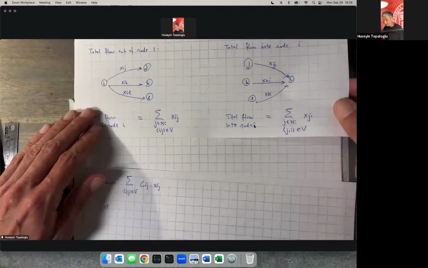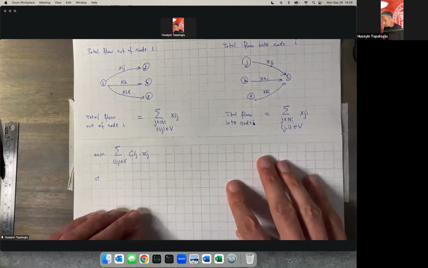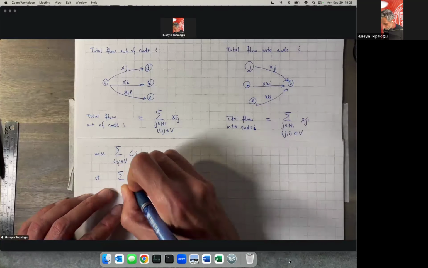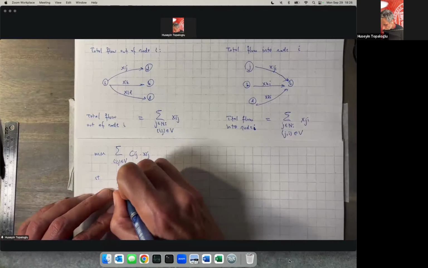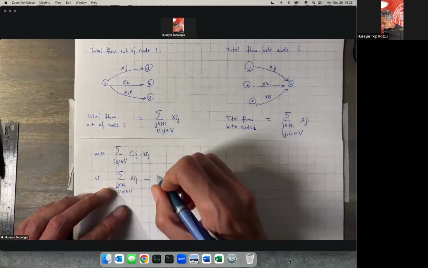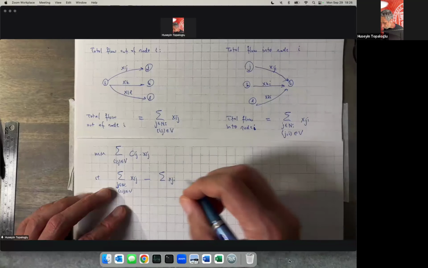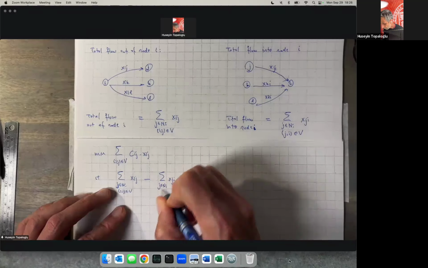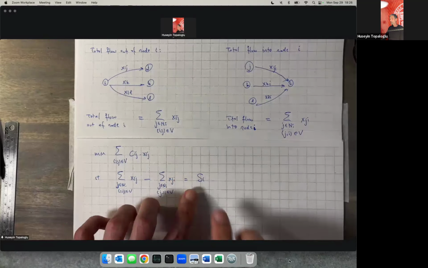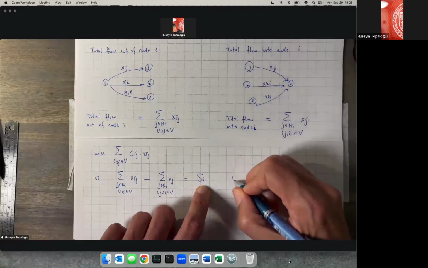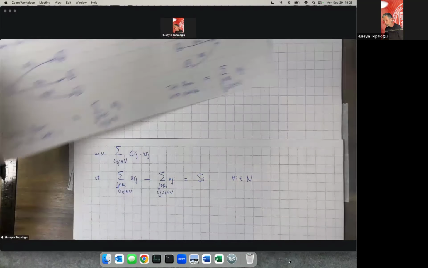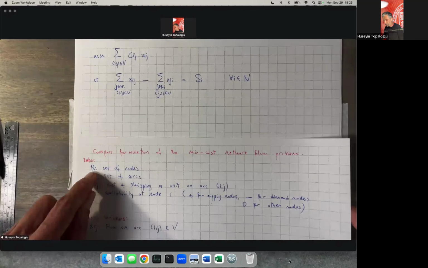Here's the total flow out of node i, minus the total flow into node i, xji, such that ji is an arc, is equal to the availability at node i, and that's our notation for availability at node i. And we have one of these flow balance constraints for every node i in my network, and my set of nodes is N.